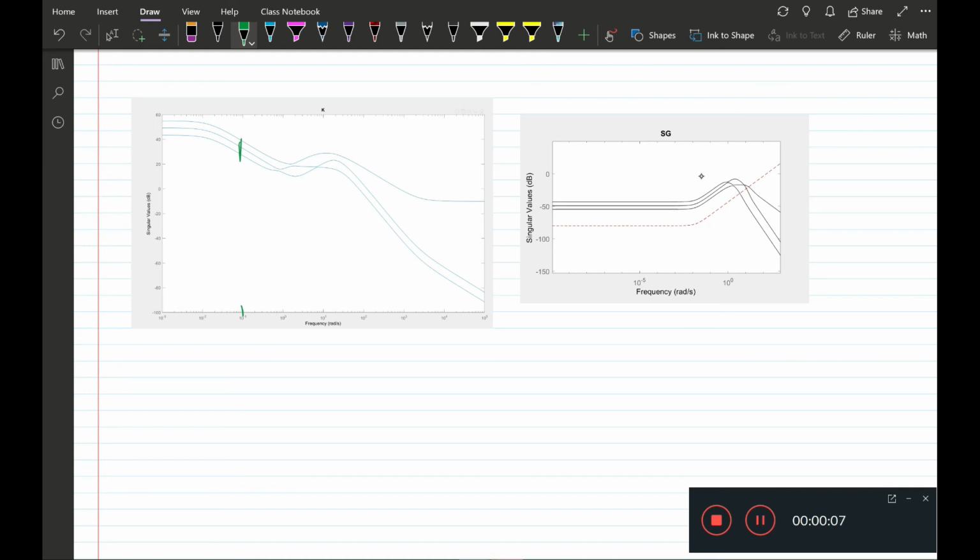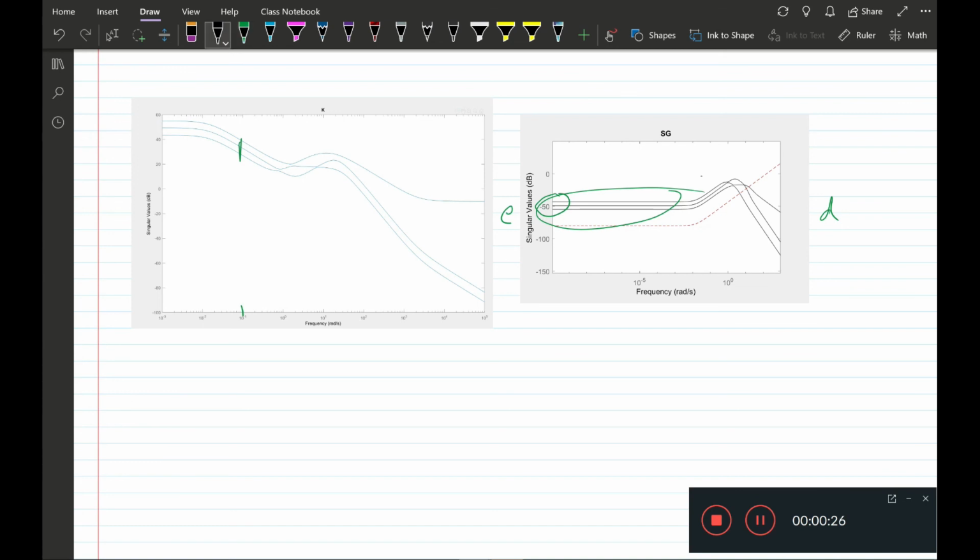And now you see that the SG, which is the transfer function from D to E, is showing a good lower value at low frequencies, showing a smaller steady state error for inputs.